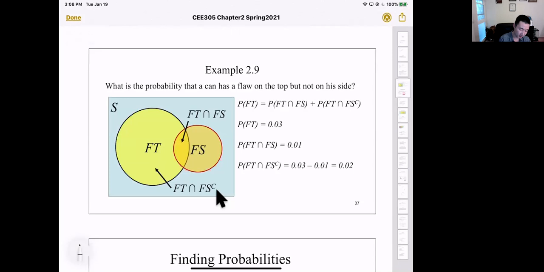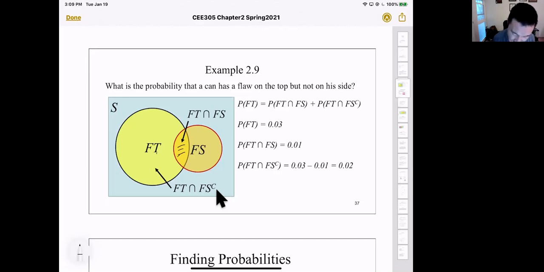Okay, so this question is asking, again, the same question. What is the probability the can has a flaw on the top, but not on the side? Let's see, FT means flaw on the top, FS means flaw on the side, and the intersection part is it has a flaw on the top and on the side.